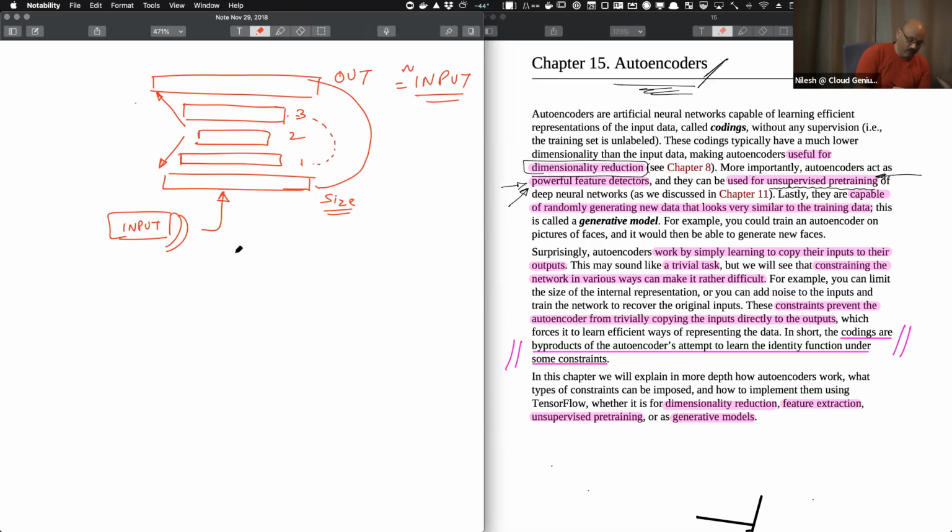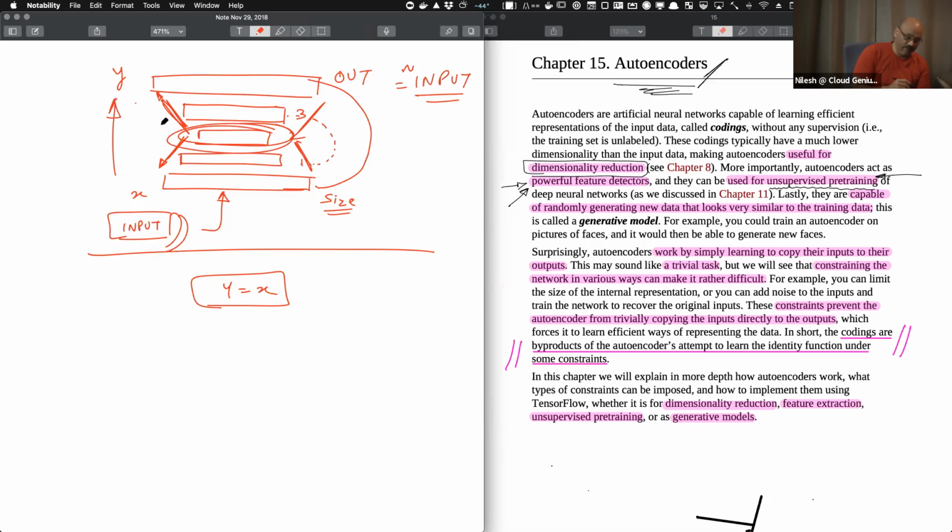So that's the underlying idea. What we are really doing is creating an identity function, y equals x. This is your y, this is your x. That's what we attempt to create in this system. But as you will notice, we are putting artificial constraints in here, by shrinking the number of neurons in the middle hidden layers, and still forcing the output to resemble approximately the input.